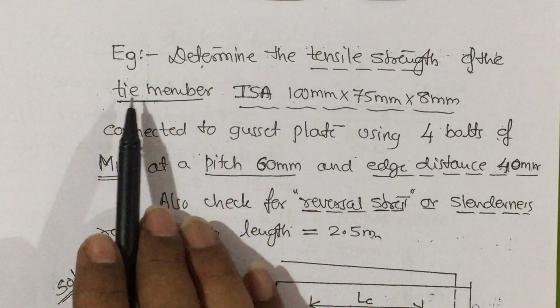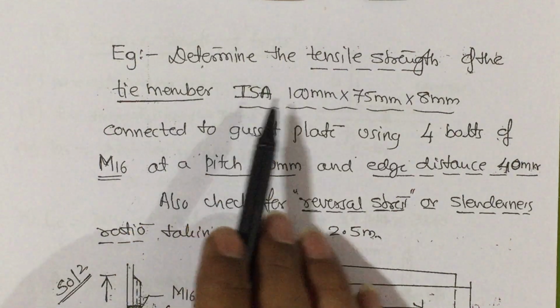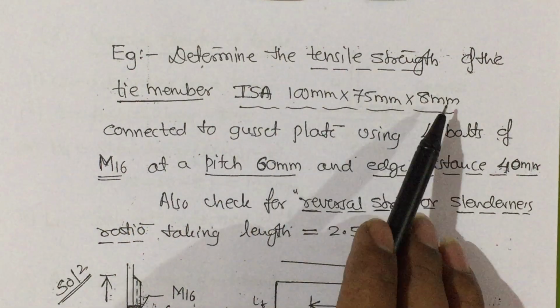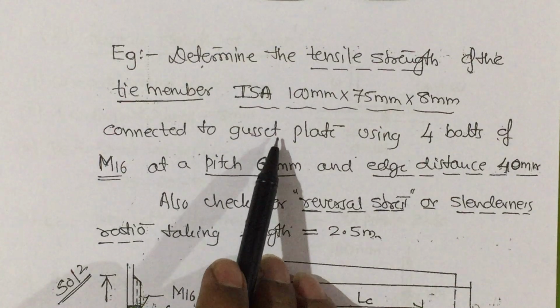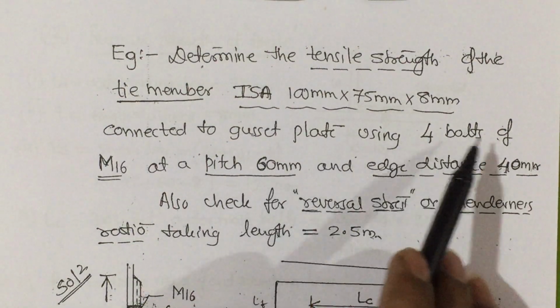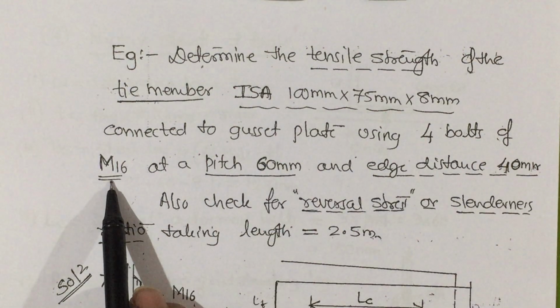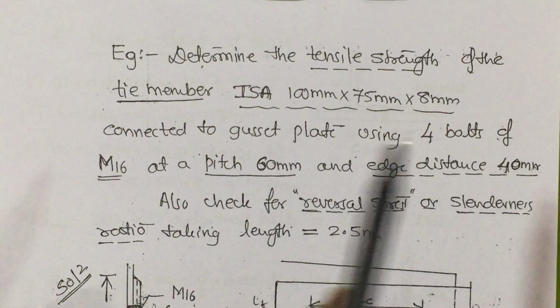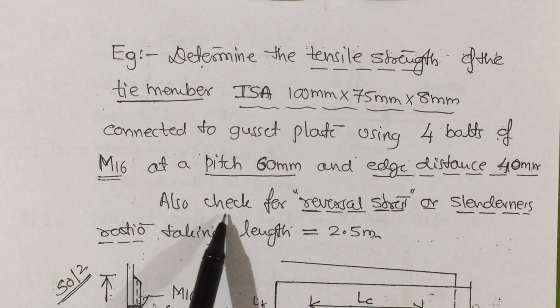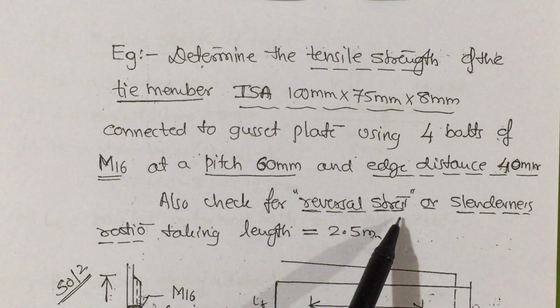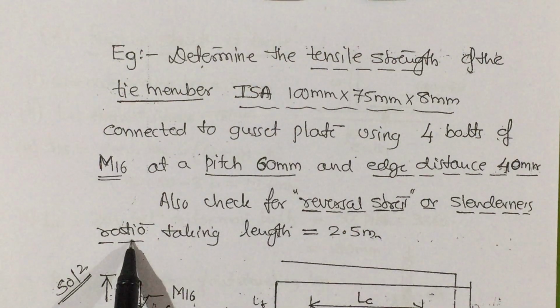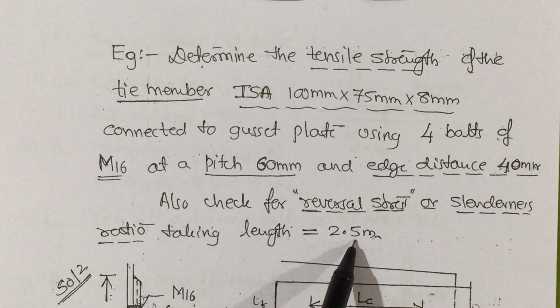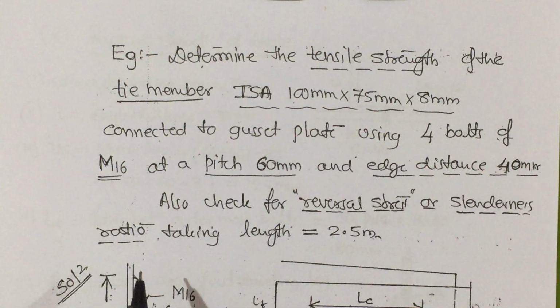Determine the tensile strength of the tie member ISA 100 by 75 by 8 mm connected to gusset plate using 4 bolts of M16 at a pitch of 60 mm and edge distance of 40 mm. Also check for reversal stress or slenderness ratio taking length equal to 2.5 meter.